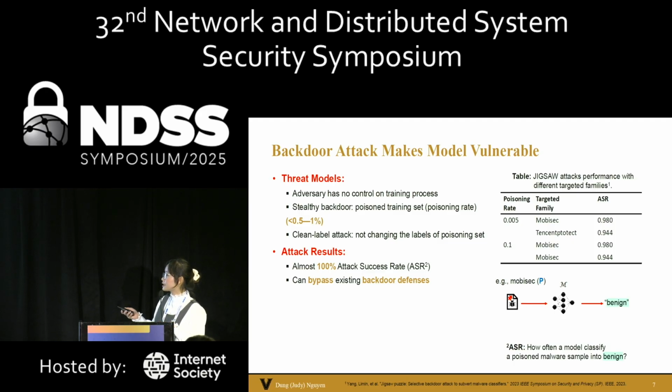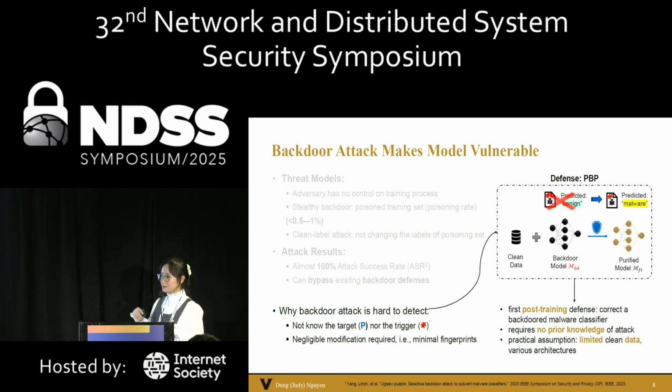Their attack can be conducted in a clean-label fashion, which means the adversary doesn't even need to flip or change the label of the poison malware into benign; they just need to modify the features. This kind of attack has been shown to achieve almost perfect attack success rate, like 100%, and can bypass backdoor defenses such as STRIP or Neural Cleanse.